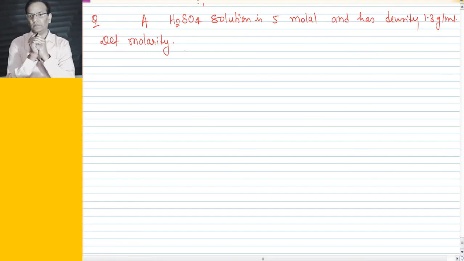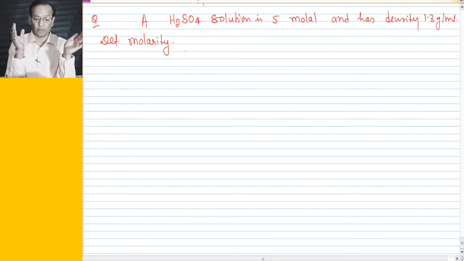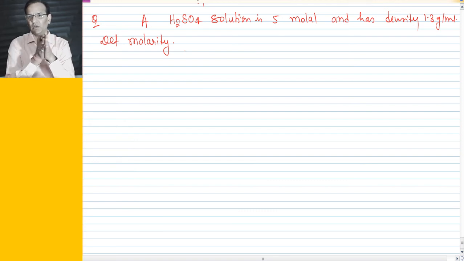What has been given? Molality. And we want to know molarity. Molality is number of moles of solute present in 1 kg of solvent.